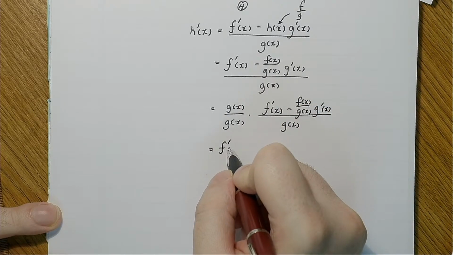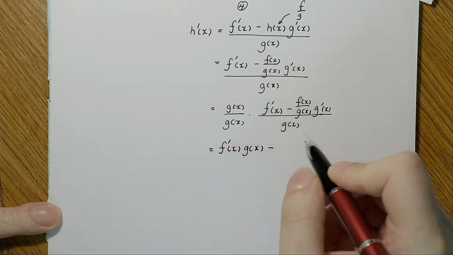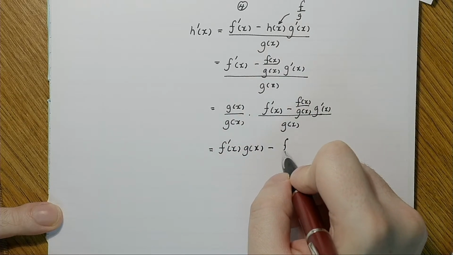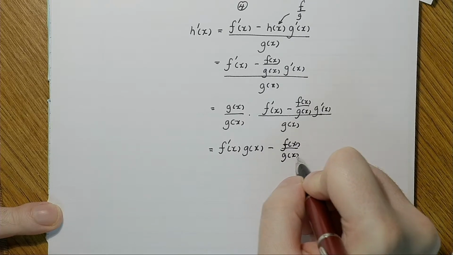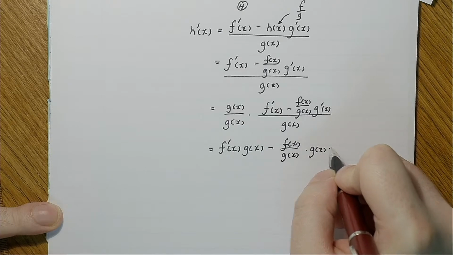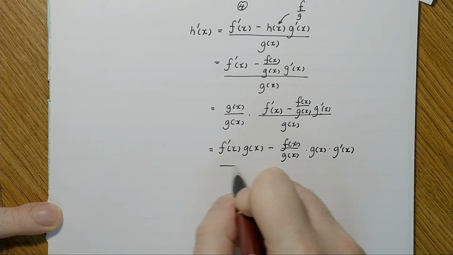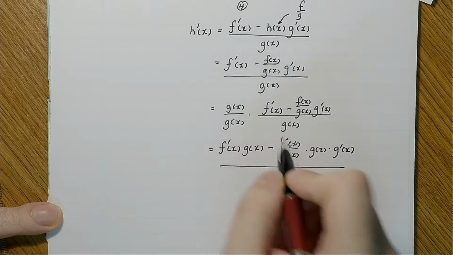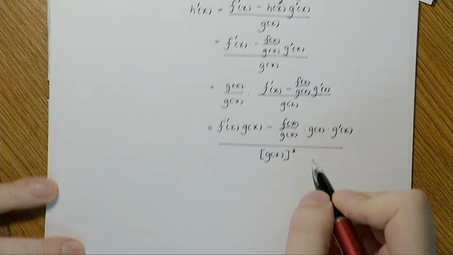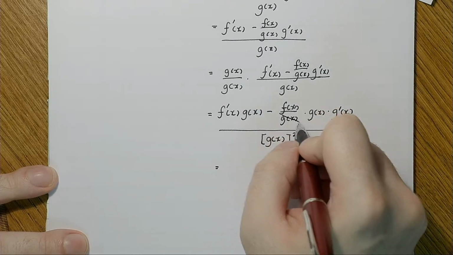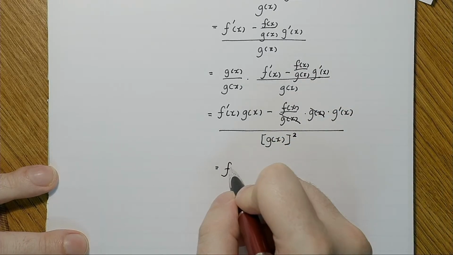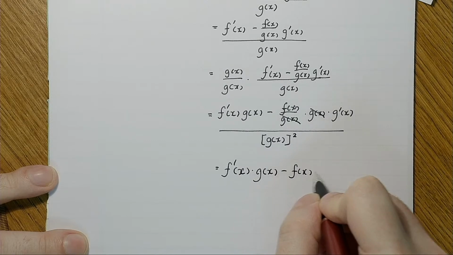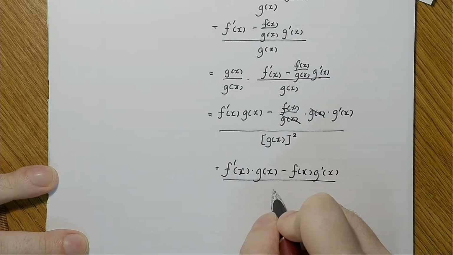So I get f prime of x, g of x, minus f of x, times g prime of x, all divided by, and in the denominator, I have g times g, so that's g squared. This cancels. And just writing it out.